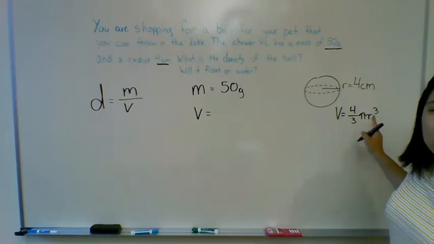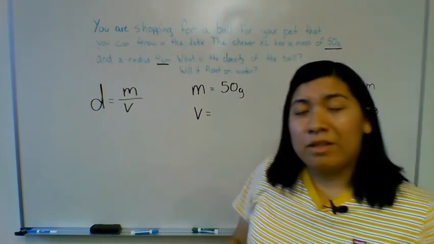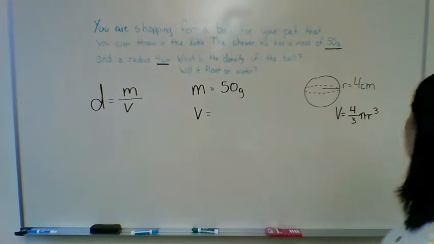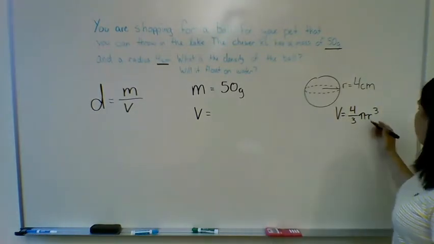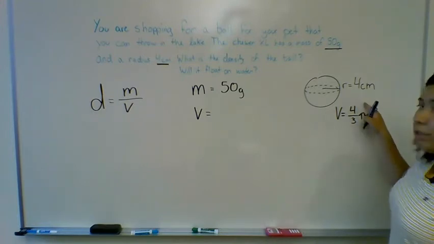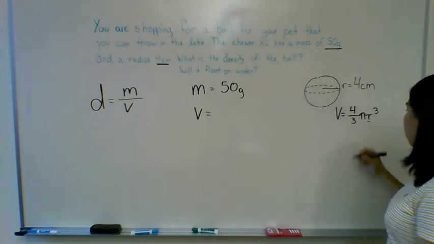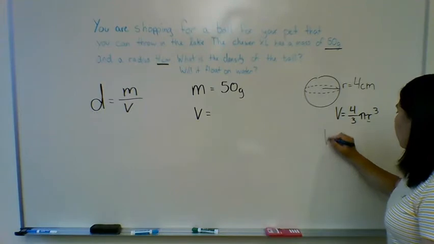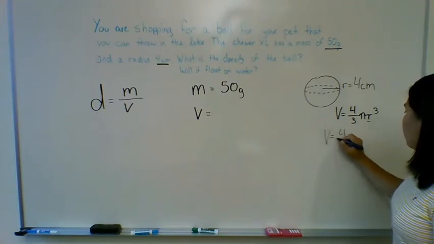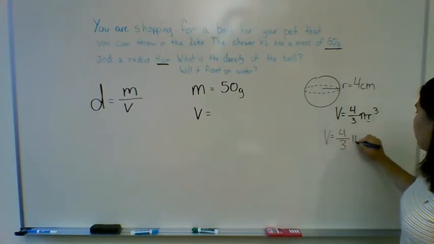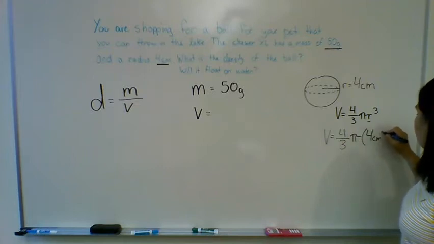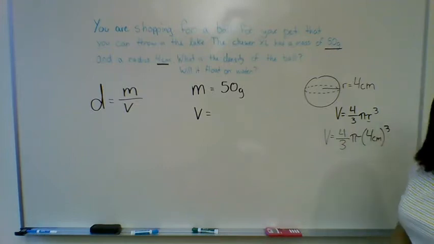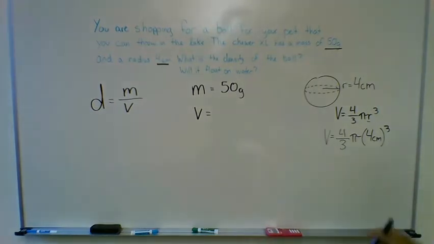The formula is something that I would give you. Okay, so let's plug it in. I know I need to plug in r, so I'm going to put in 4 centimeters in there. So V equals 4/3 pi, and for r I'm putting in 4 centimeters, and we have cubed.